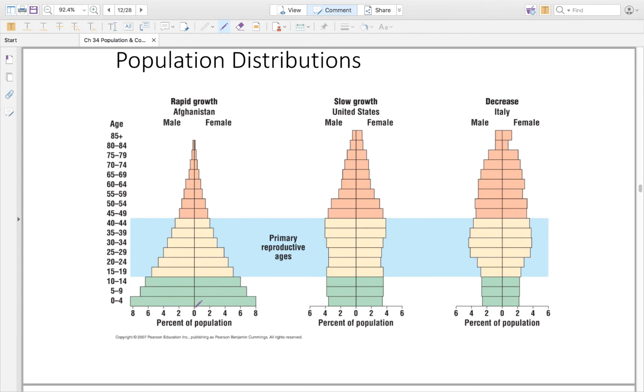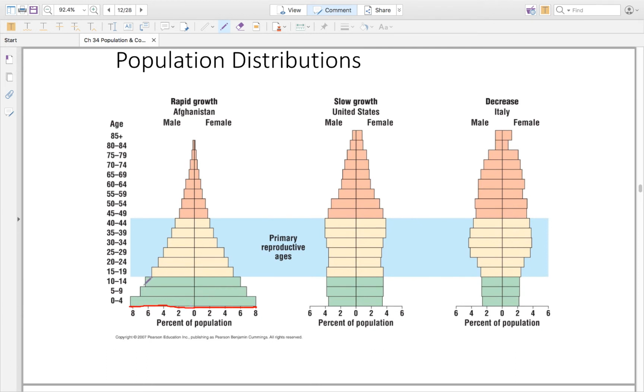So what this is saying is that people in a rapidly growing population have an average of anywhere from 6 to 8 children. And that's both girls and boys equally.